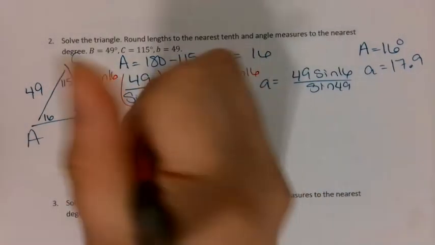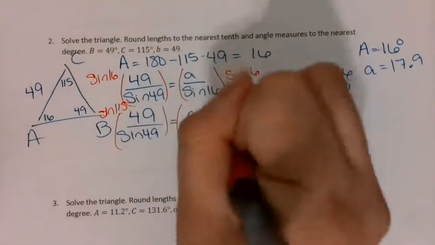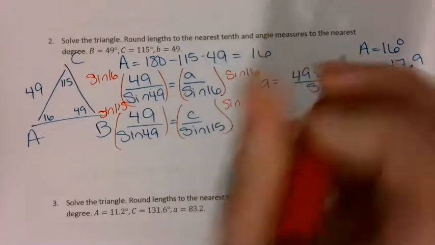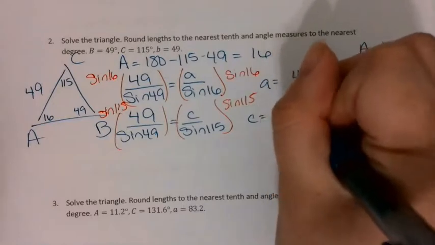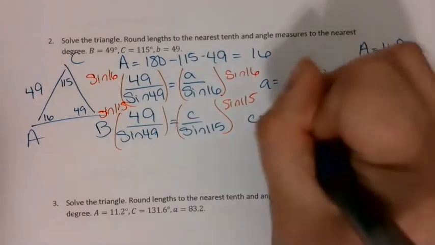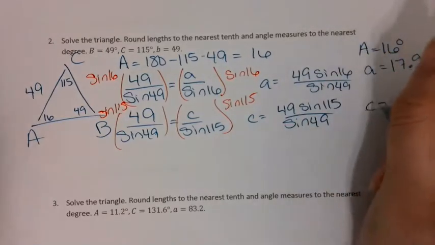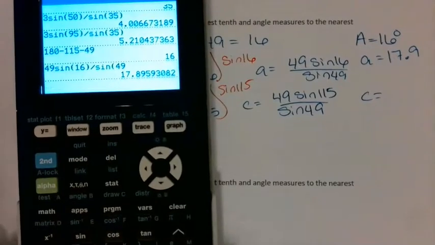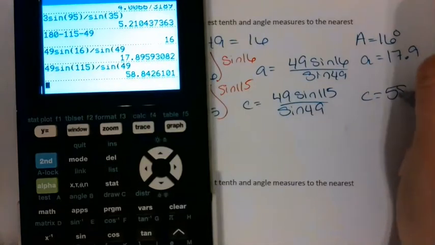Then for this one, I want to get C alone, so I multiply by sine 115 on both sides. This gives me C equals 49 sine 115 over sine 49. And I get 58.8.